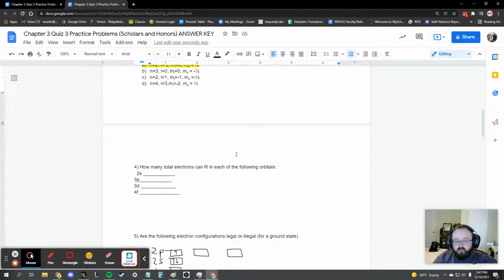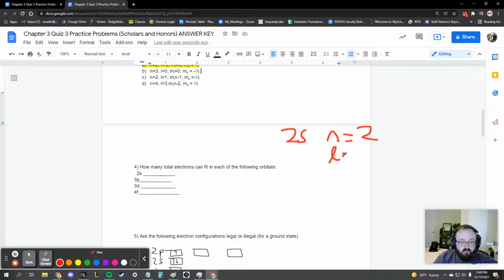Question 4. How many total electrons can fit in each of the following orbitals? 2s, 3p, 3d, and 4f. So our 2s means that n equals 2 and L equals 0. If L equals 0, then our M sub L would equal only 0, which means we have just one orbital in our 2s, which can fit 2 electrons. I'm going to use 2e minus. 3p.